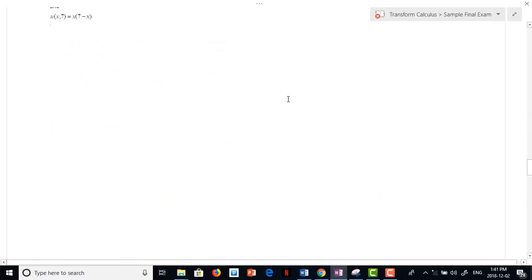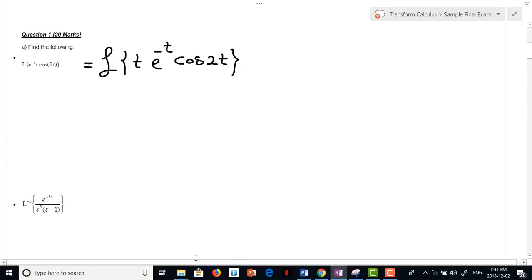So let's apply these theorems to solve the first question. The Laplace transform of t times e to the power of minus t cosine 2t is equal to minus 1 to the power of 1, d over ds, times the Laplace transform of e to the power of minus t cosine 2t.